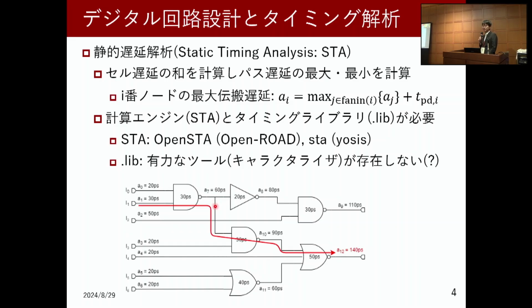To do this, we need two things. One is the computation engine, to take the maximum of the delays, and the STA engine is available. But another question is how we measure the delay of each logic gate. To evaluate the delay of these logic gates, we need a characterizer.